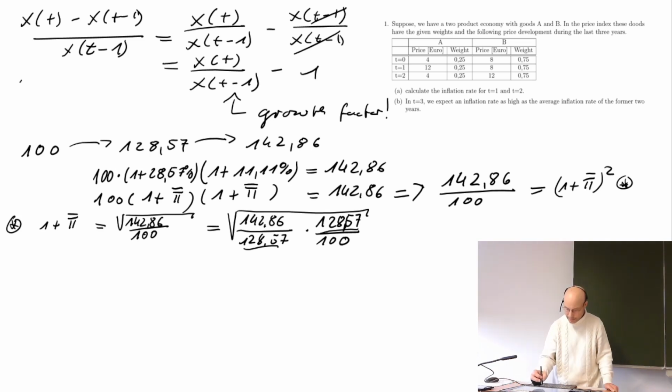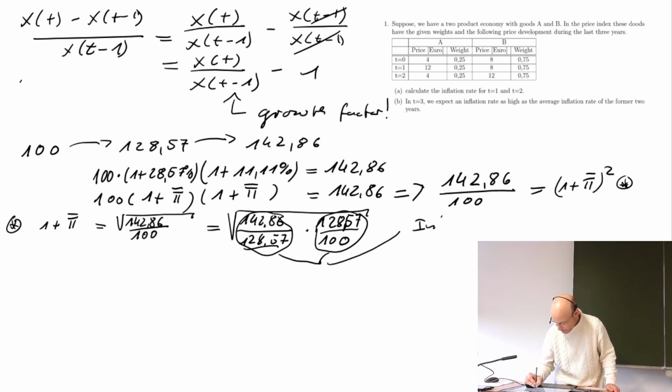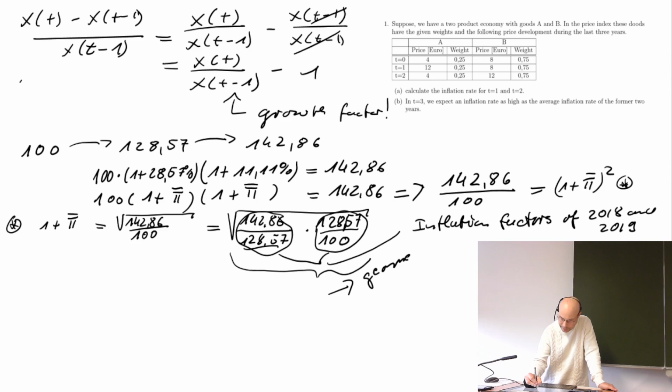And what I see here is this is nothing else than the growth factor of the year 2018, and this is nothing else as the inflation factor of 2019. So this is inflation factors of 2018 and 2019. So what we have here is just the geometric mean of the inflation factors.